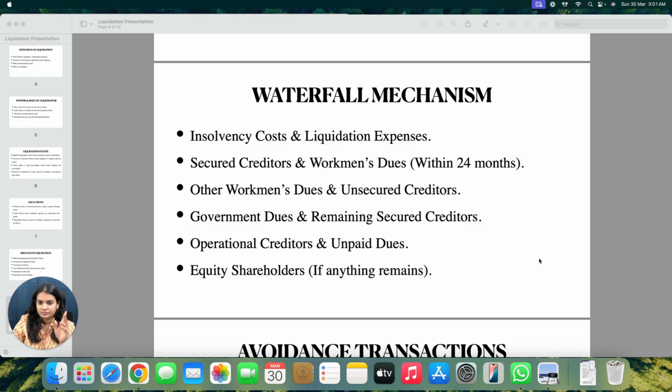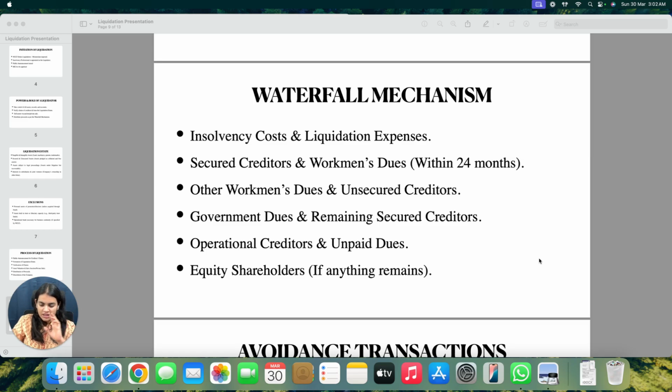Supposing the secured creditors' and workmen's dues total an amount of, say, 6 crores, then the remaining amount will be used to proportionately distribute amongst the others in the waterfall mechanism. The other workmen's dues, employees' dues for the preceding 12 months, then the unsecured creditors, they will also have to be paid in that order.